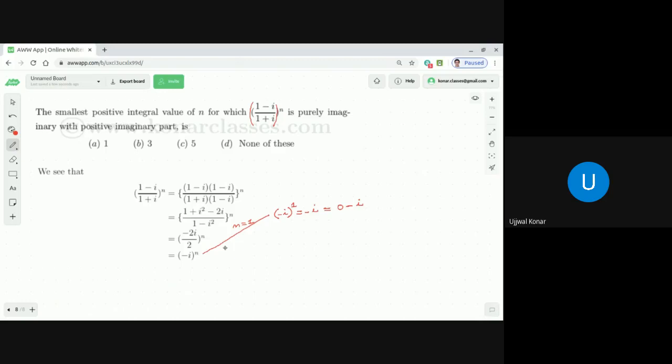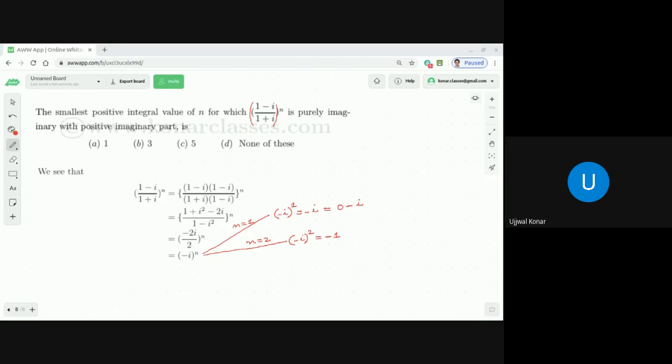Now let's put n equal to 2. If you put n equal to 2, what are you going to get? (-i)^2, that is (-1)² times i². We know i² is equal to -1, so this is equal to -1. Now -1 is not a purely imaginary number; it is actually a purely real number.